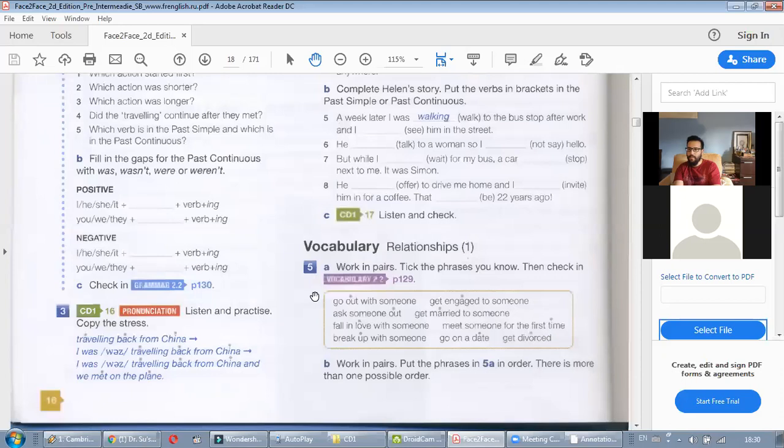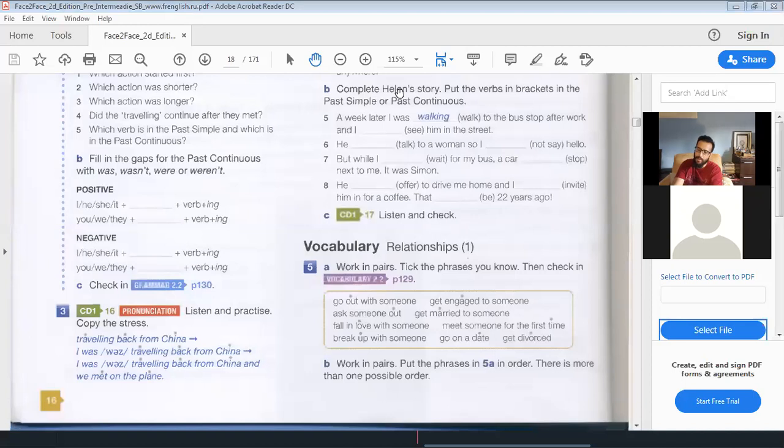Now we have a little bit of vocabulary here. So this vocabulary is for relationships. We're going to talk a little bit about relationships. Okay, so I'm going to read these aloud. And if there's one of these which are new to you, you can just let me know.